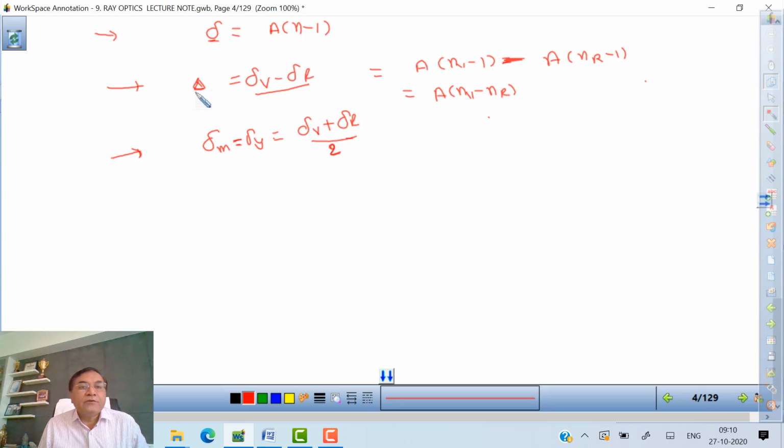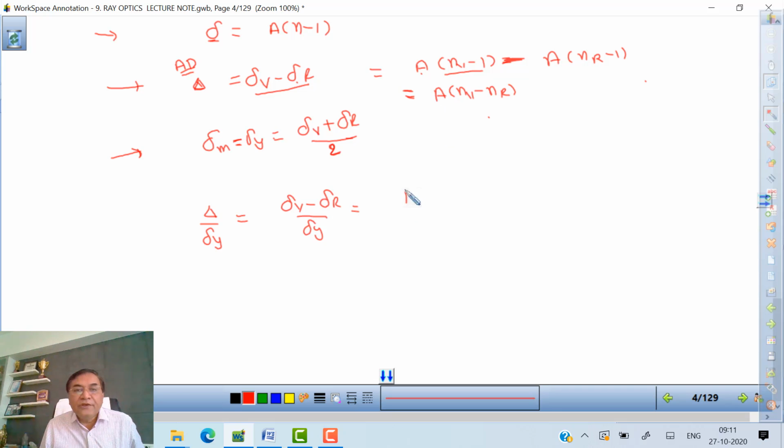So this is your angular dispersion, delta V minus delta R. Delta V is equal to A (nV minus 1), and delta R is equal to A (nR minus 1). So this is nothing but angular dispersion. Then dispersive power is delta V minus delta R upon delta of yellow color, or you can take the mean color. So delta V minus delta R upon delta yellow.